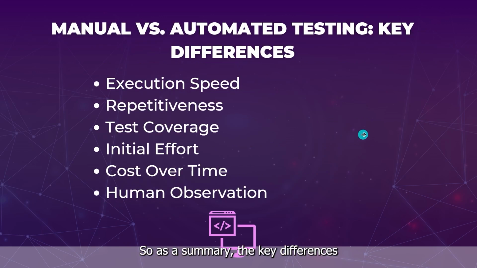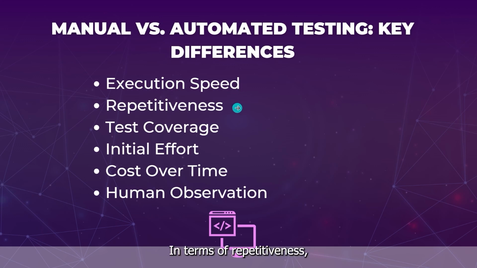So, as a summary, the key differences in manual versus automated testing is, of course, first, the execution speed. Having manual versus automated testing, it is obvious that automated testing will be much faster since you can do this automatically, and computers tend to be faster than humans when clicking or interacting with web pages.